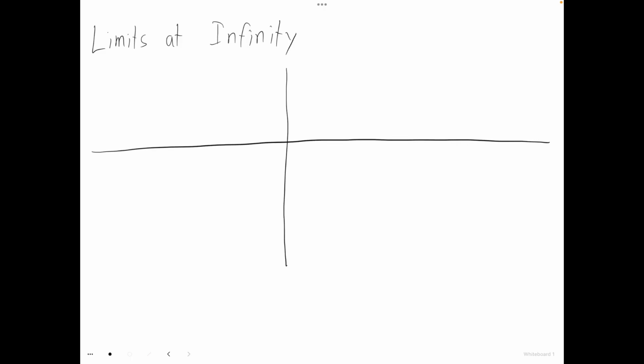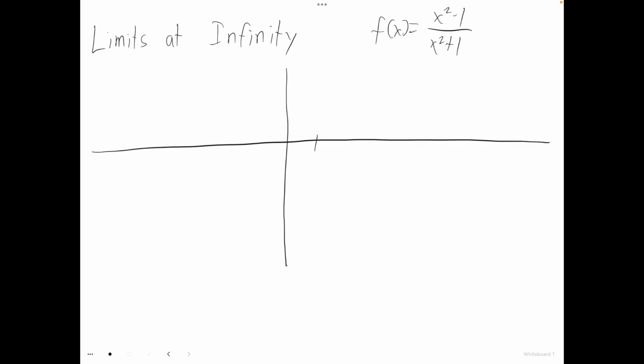In this video, we are going to talk about limits at infinity. And so for a motivation for what we're going to be looking at, we're going to look at the following graph of the function f of x equals x squared minus 1 over x squared plus 1.